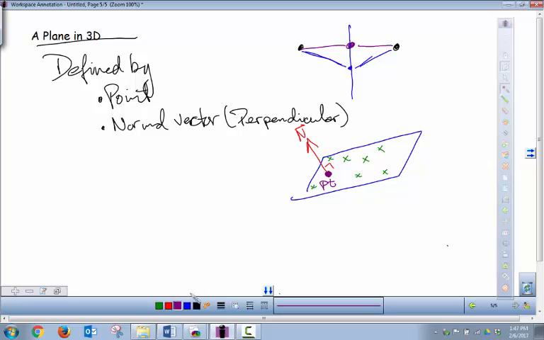So we have a point. Let's call it x naught, y naught, z naught. Then we have a normal vector. Let's call it A, B, C. And then we have these random arbitrary points that are supposed to be on the plane.